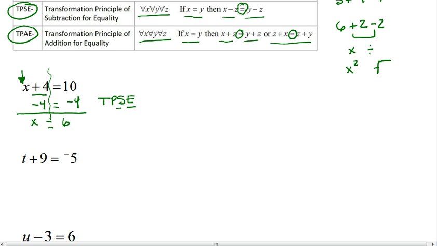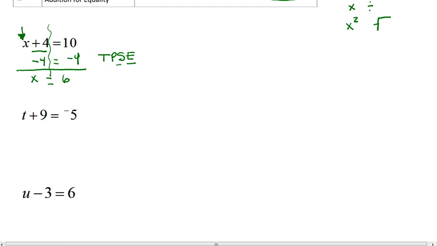Here's another one. T plus 9 equals negative 5. Well, what's happening to my variable? I'm adding 9. The inverse of adding is subtracting, so I'm going to subtract 9 from both sides. When I say both sides, remember I mean both sides of the equal sign.